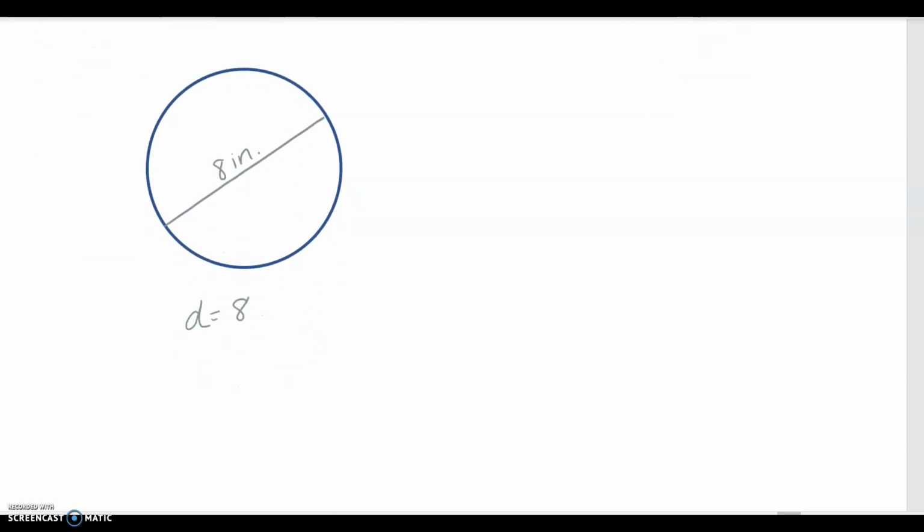Okay, so let's come down here. I'm going to show you 2 examples and then let you get started on your work. What if I have a problem and it says that my diameter is 8 inches? I know that's cutting my circle in half, so my diameter is equal to 8. If it says, what is the circumference, given the diameter, I'm going to use C equals pi d.